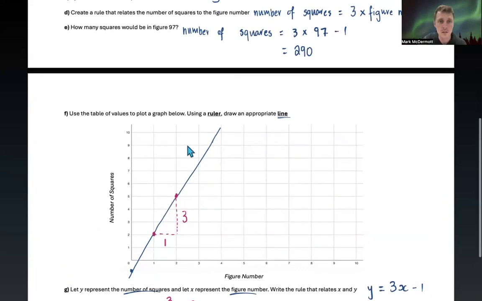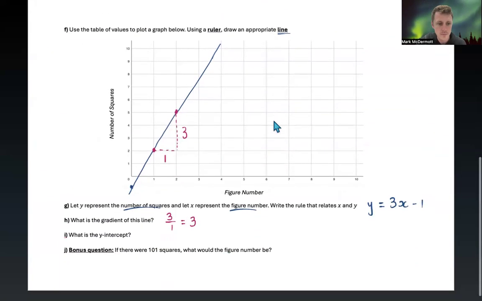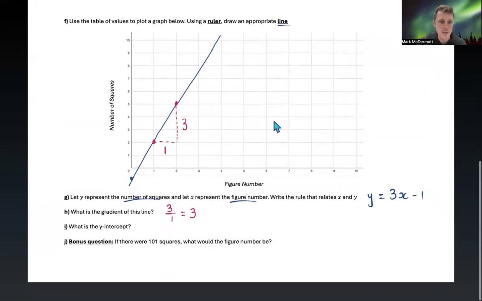Now that's no coincidence with this number here. The amount we go up each time is 3, and that is our gradient for this linear relation. Okay, what is the y-intercept? Now that we're talking about things in terms of x and y, we know that the y-intercept is where it intersects down here, because now this is our y-axis and this is our x-axis.